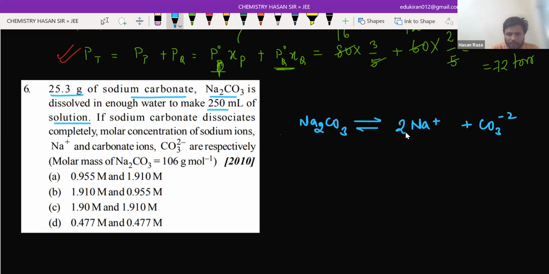And to balance it, you have to multiply it by 2. It's very simple. So in order to calculate the concentration or molarity of its ions, you need to calculate the molarity of the parent compound first.